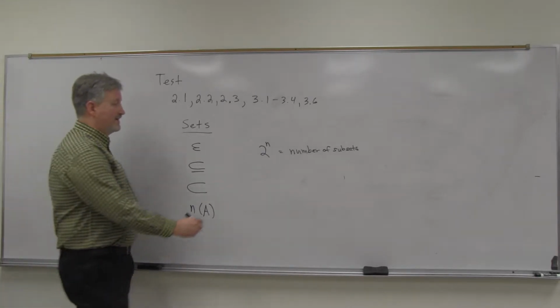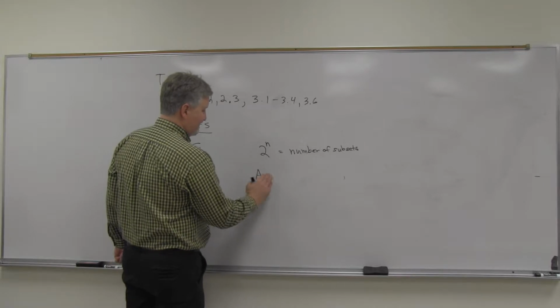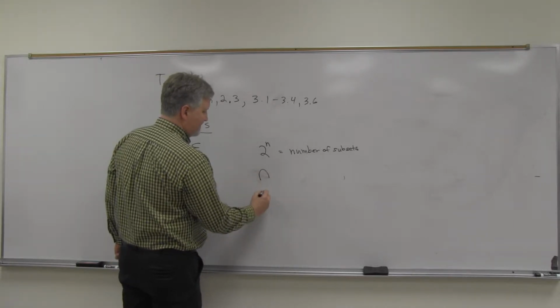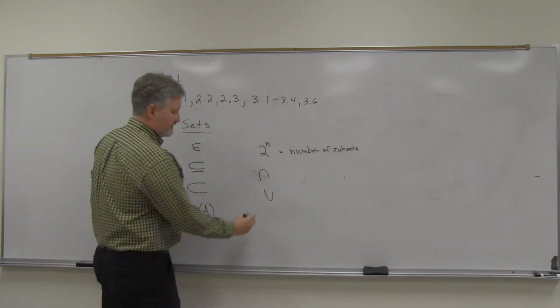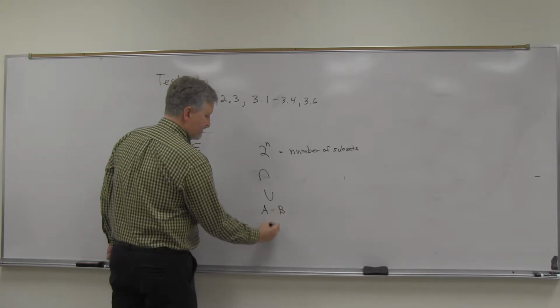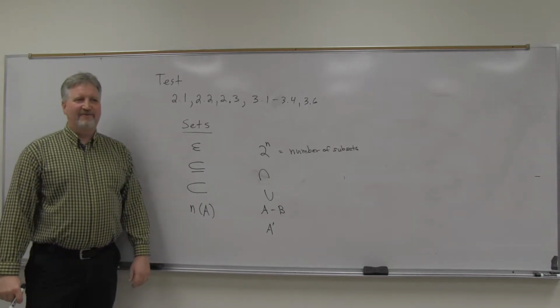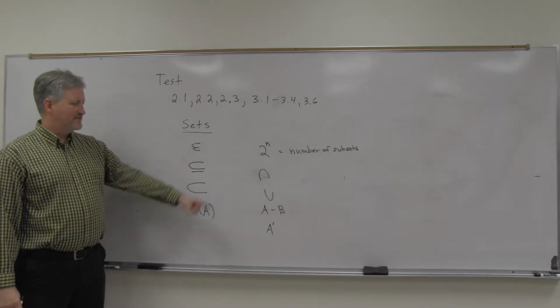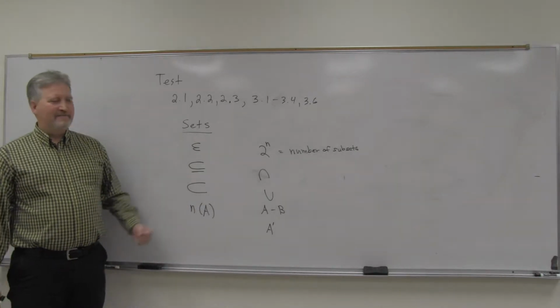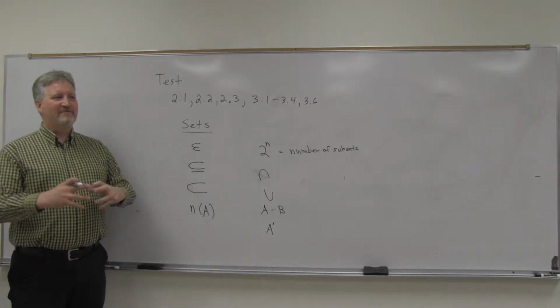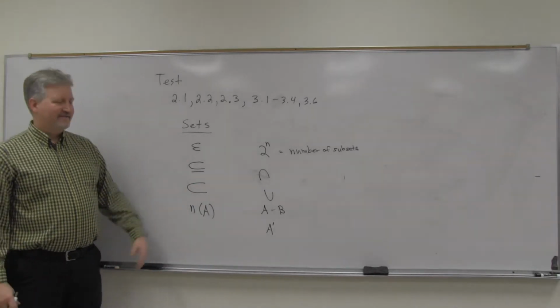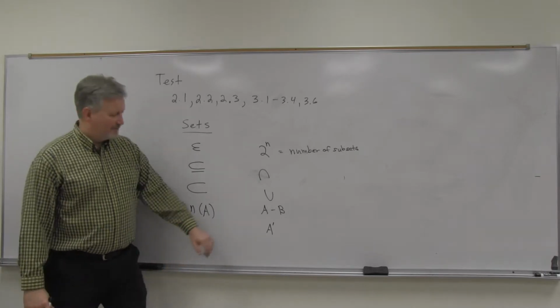And of course, you've got intersection, union, the difference of sets, the complement of a set, all those good things, be able to work those. The intersection is what's in common. Union is everything in both sets put together. What we talked about.